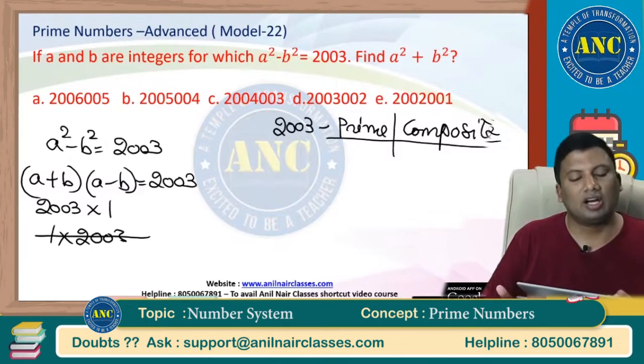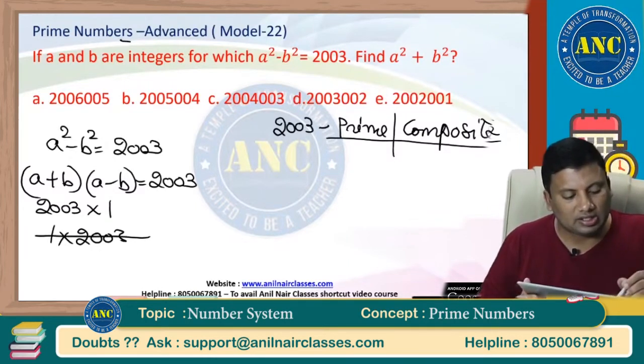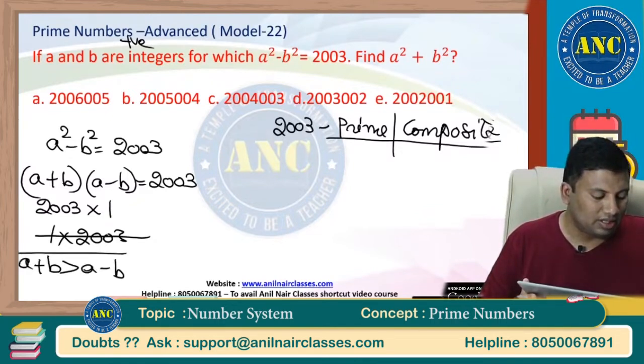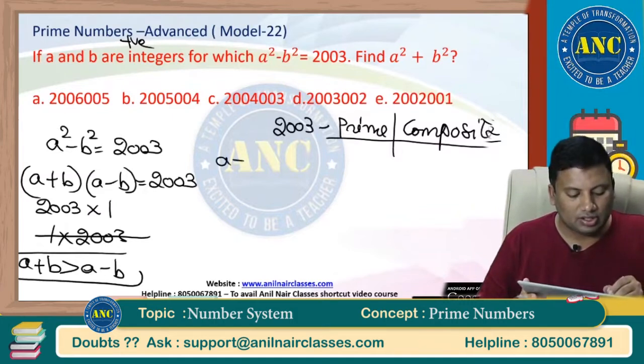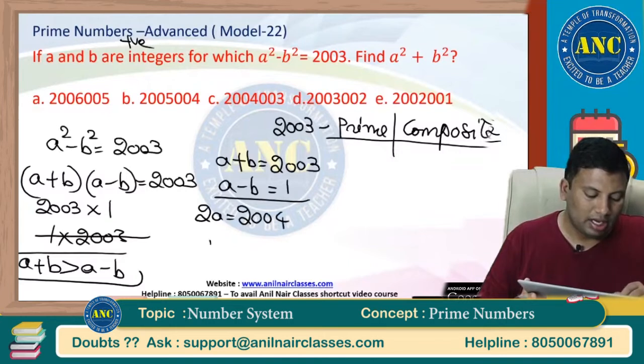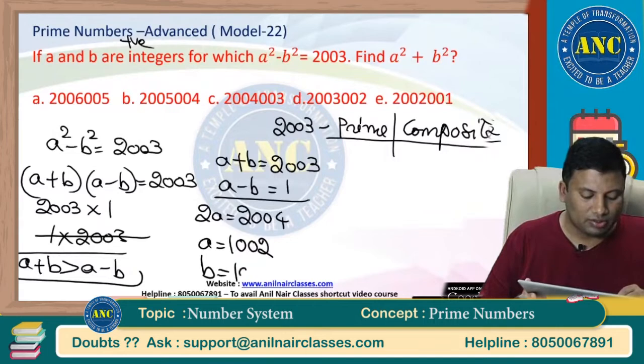For positive integers, the sum of two natural numbers is always greater than their difference. That means A plus B is 2003 and A minus B is 1, so 2A is 2004, A is 1002 and B is 1001.